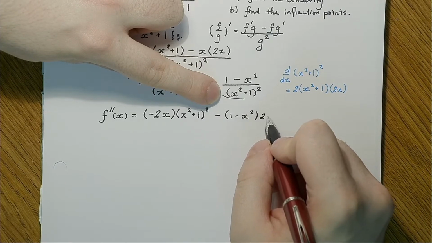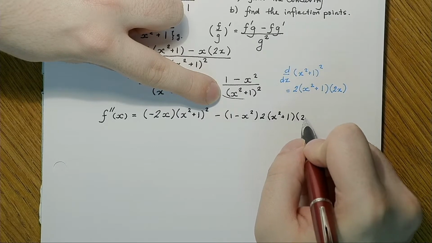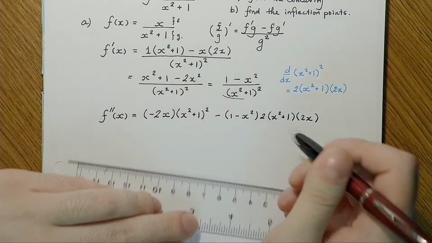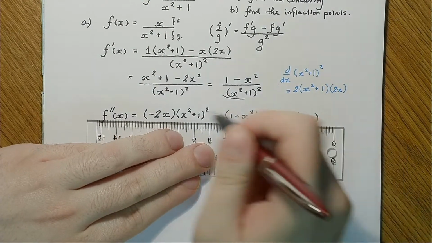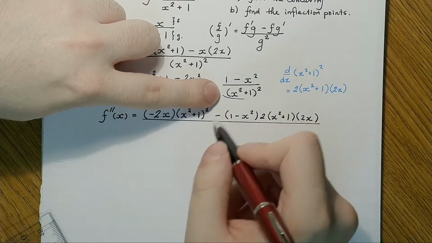I'll write it like this: 2 times x squared plus 1 times 2x. And then I have this bottom function here.